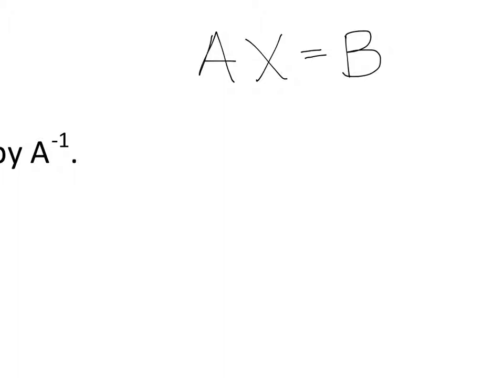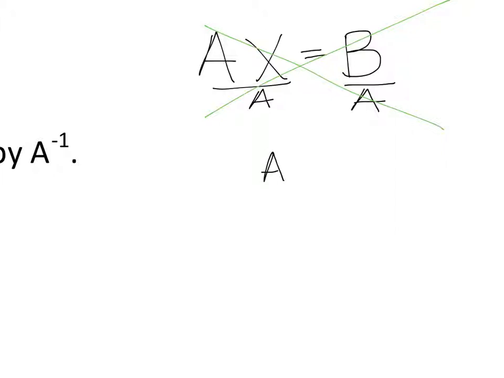What should we do to get x by itself? Divide by A, right? But with matrices, we cannot do that. We cannot divide by a matrix. It doesn't work. So we have to come up with something else.